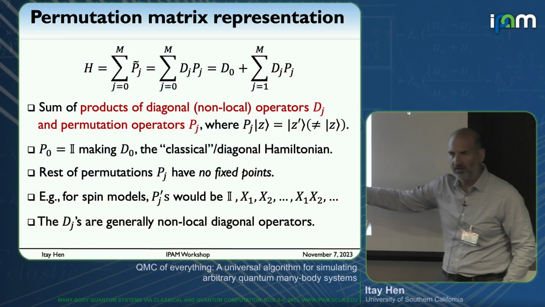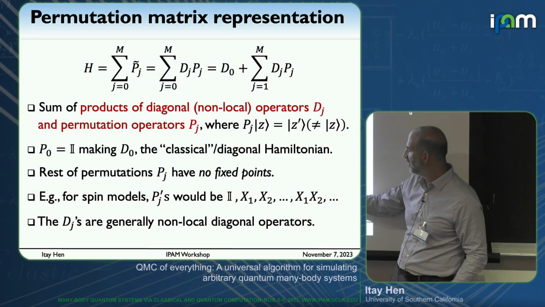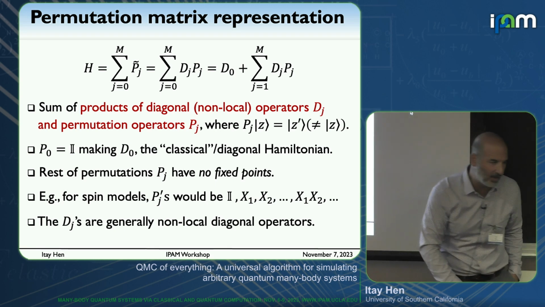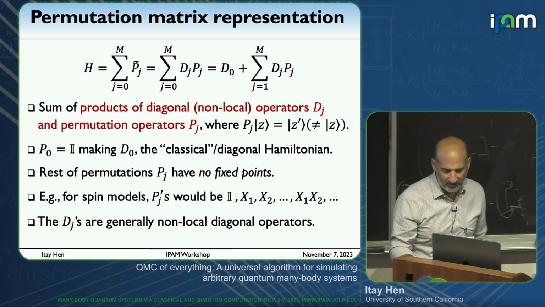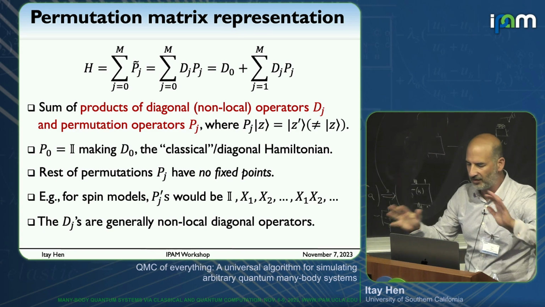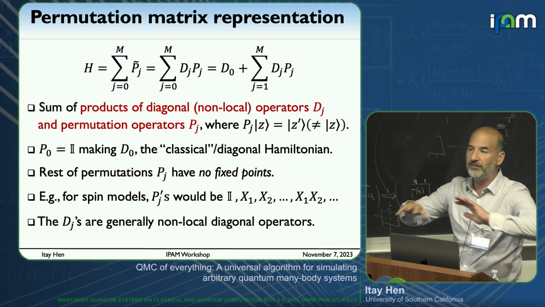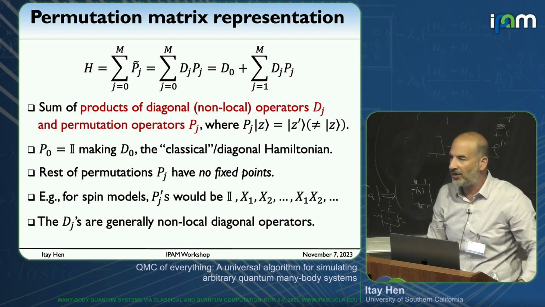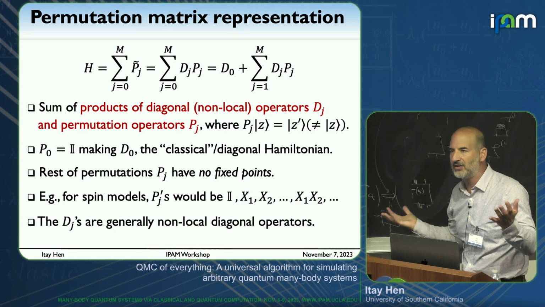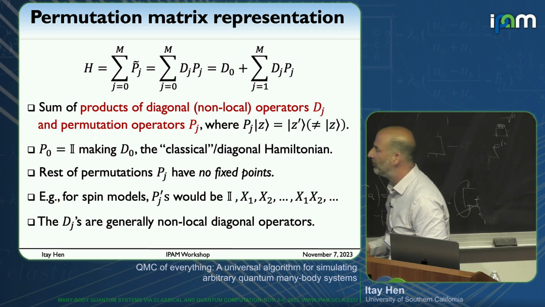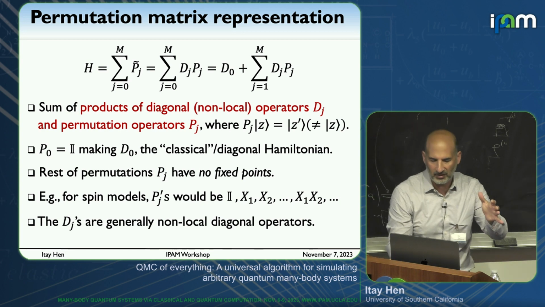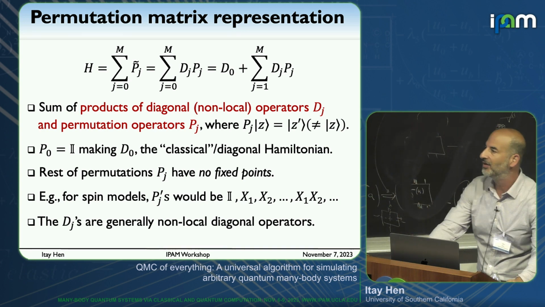If the Hamiltonian has X1 times X2, note that if this acts on a basis state, it just flips two spins. It gives you another basis state. So if you want to picture spin-half Hamiltonians, these are just Pauli X's. So you want to write your Hamiltonian as Pauli X strings times a diagonal matrix. It's that simple, okay?